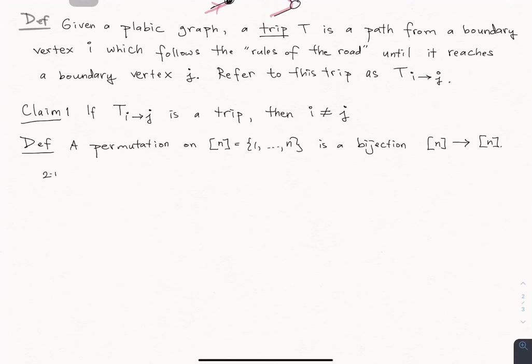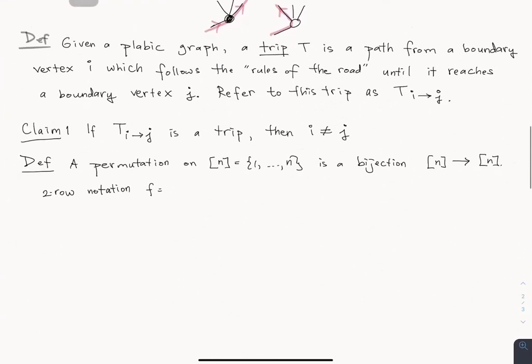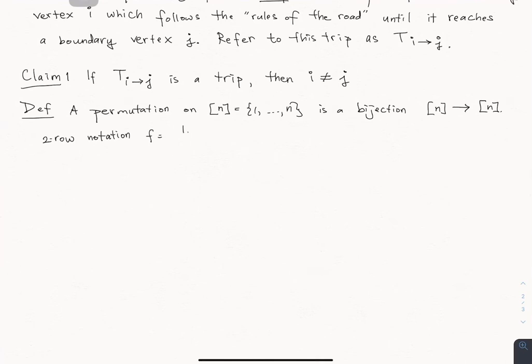And often we use a two-row notation. So for example, if you have a function f where 1 is sent to 3, 2 is sent to 4, 3 is sent to 5, 4 is sent to 1, 5 is sent to 2, we can write it in this 2-row notation. Let me write another permutation here that has a fixed point.